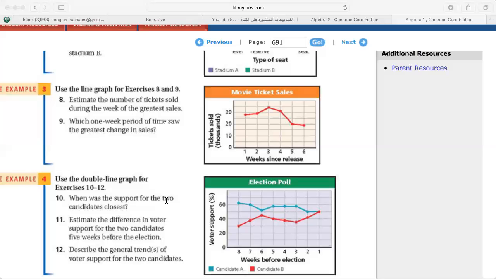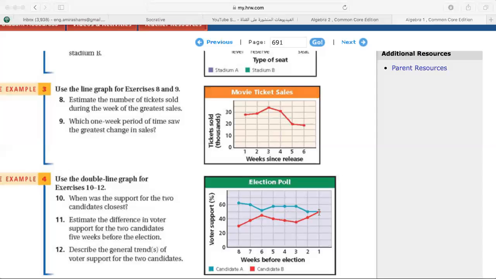I think they are so close to each other here in week 6 and in week 2. And here comes week 1, they are almost the closest part. In week 1, they are the closest week for both of them.